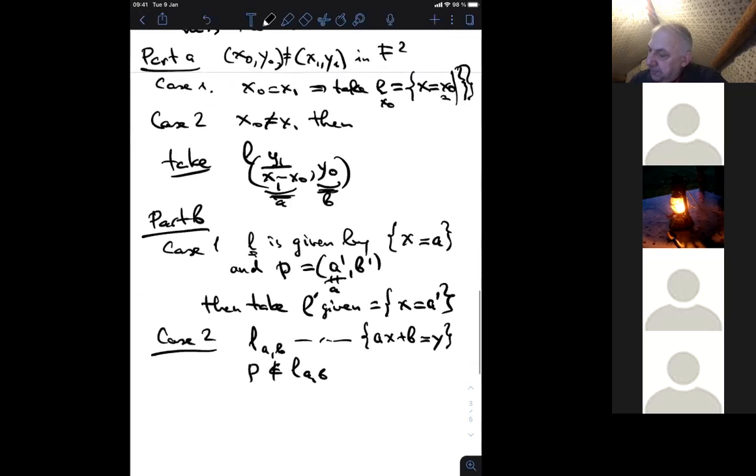Then we have to take L prime, keeping the slope, of course, ax, and we want our point P, let us give it coordinates (u, v), to satisfy this equation.